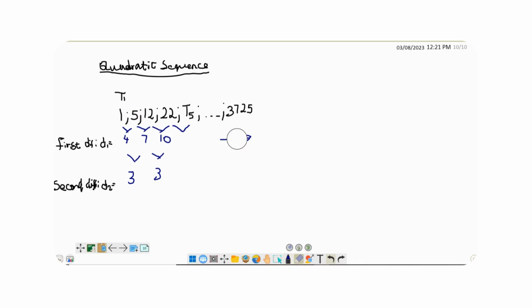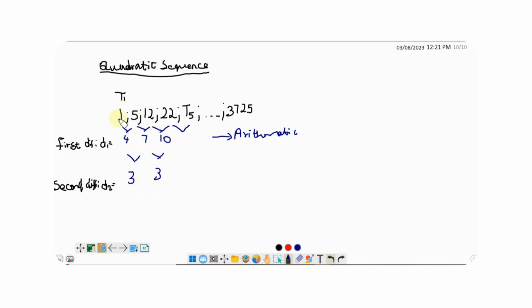So the first difference of a quadratic equation becomes arithmetic. It is arithmetic because look, this is a sequence, right? It's 4, 7, 10, and it has a common difference of 3. So this is arithmetic.